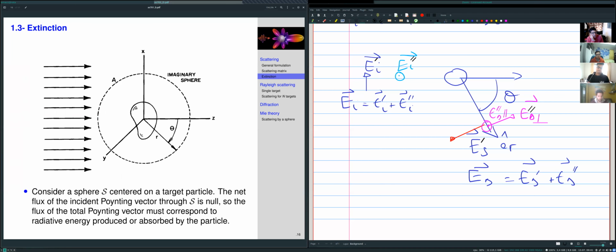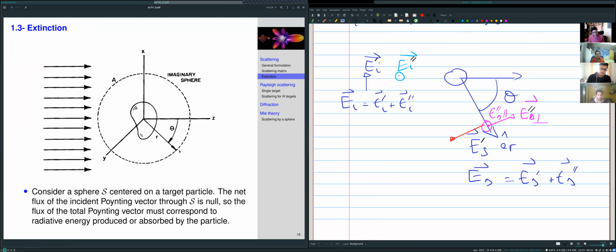So we are considering a sphere centered on the target particle here, and that sphere is labeled A. It's a surface A. You can imagine that we can compute the flux over the total Poynting vector through the sphere.